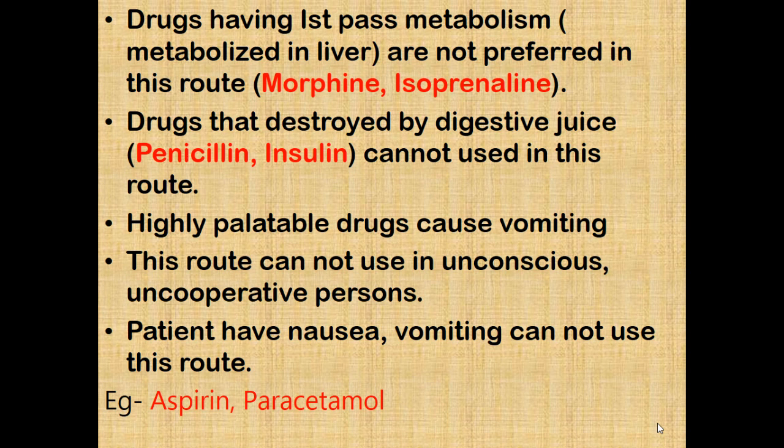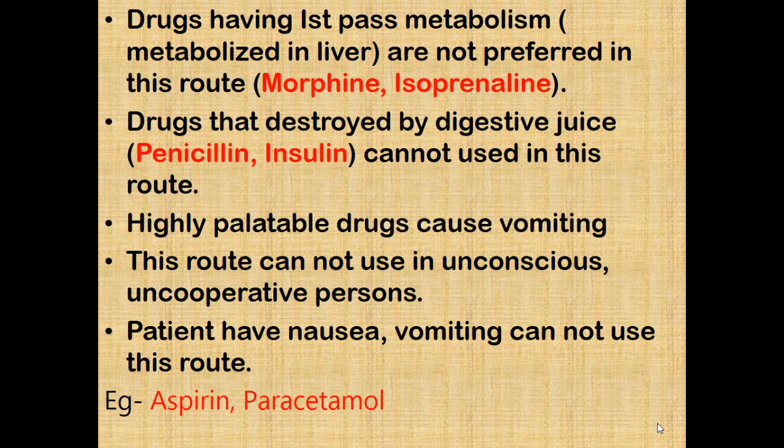Patients having nausea, vomiting cannot use this route, because already they have nausea, vomiting. You cannot give. Sometimes you can get doubts. Normally if we have vomiting, we will take an oral tablet, but during that you cannot give. After vomiting, 10 to 15 minutes later you can give, even if it is vomiting, that will be cyclic.